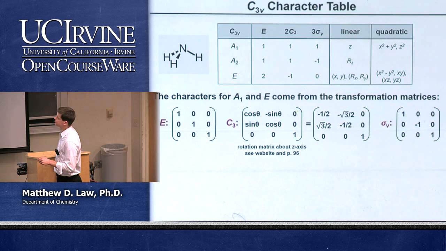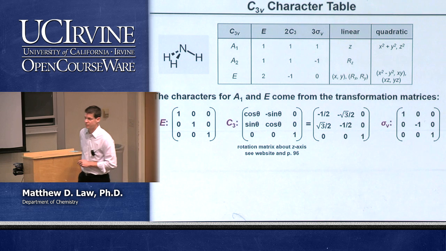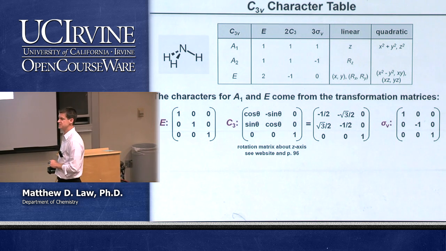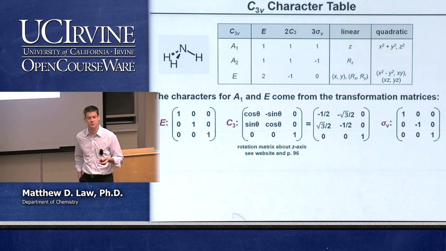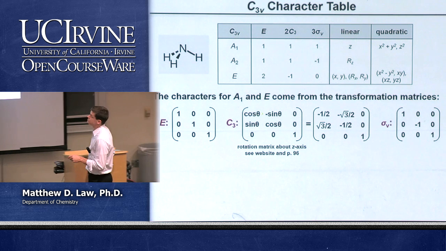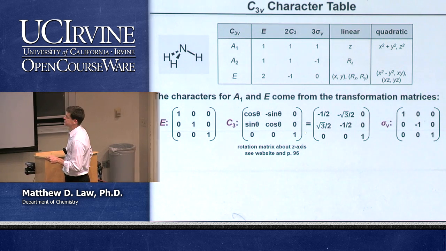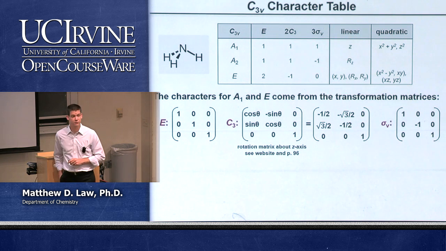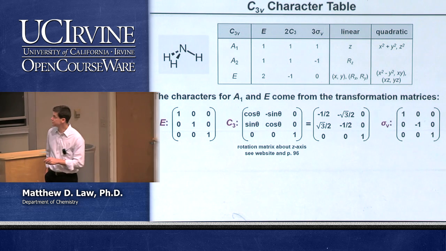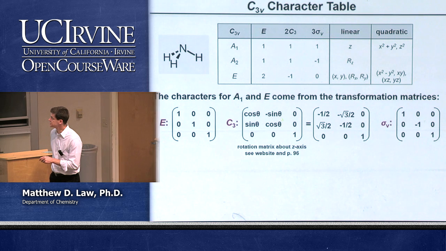This is the general transformation matrix for a rotation. And we've already used this transformation matrix in disguise when we did the C2 operation. For a general rotation about angle theta, this is the kind of transformation matrix you would have. You just plug in the value for theta, and you get the values for these 4 different matrix elements here.